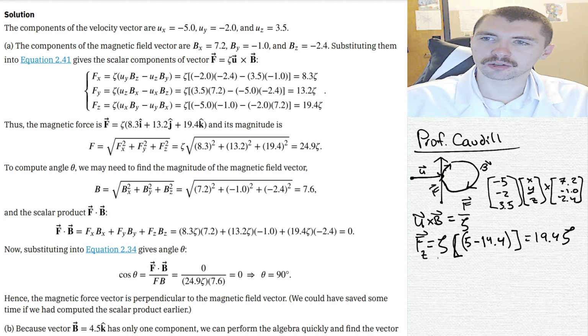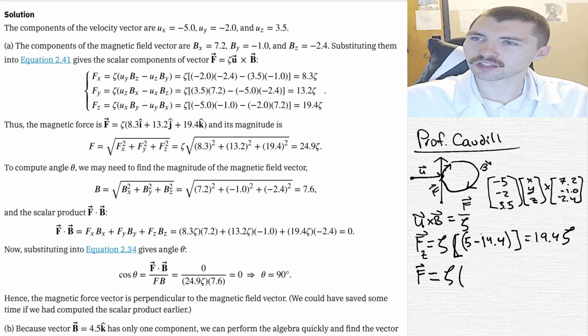Okay, now what's the next cross product going to be? It's going to be 2 times negative 2.4, which is going to be 4.8 minus, so this minus 3.5. So it's going to be plus 3.5.